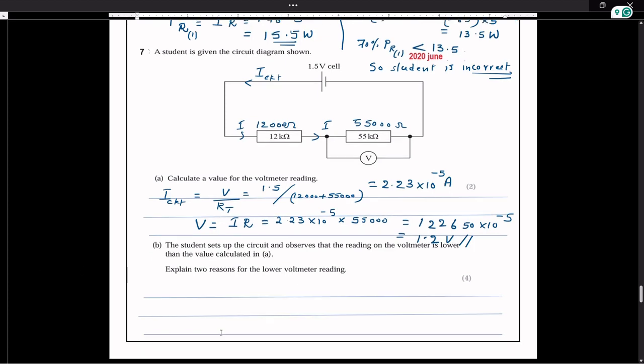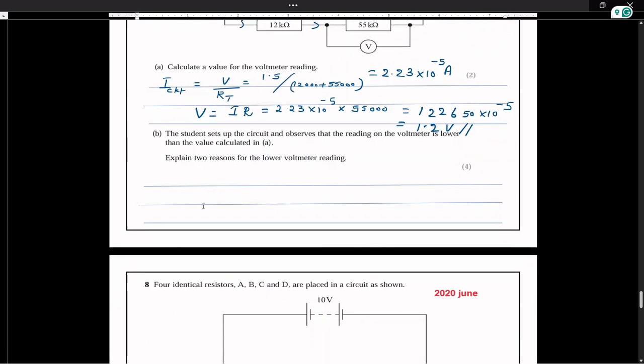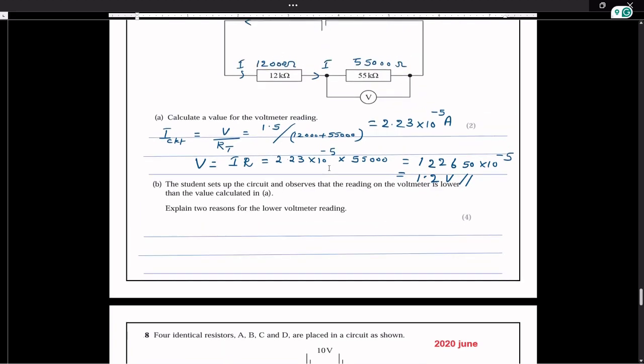Now, let's see the next part of the question. The student sets up the circuit and observes that the reading on the voltmeter is lower than the value calculated in A. Explain two reasons for the lower voltmeter reading. The voltmeter reading we are getting here is 1.2 volts, but this is a theoretical value only.